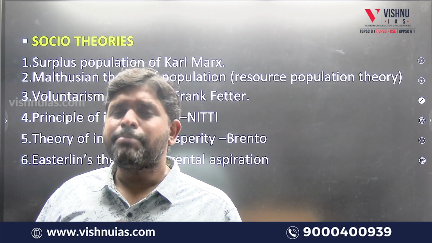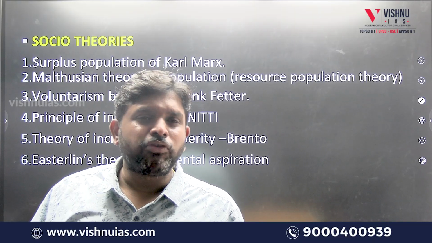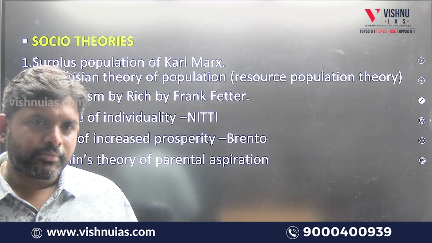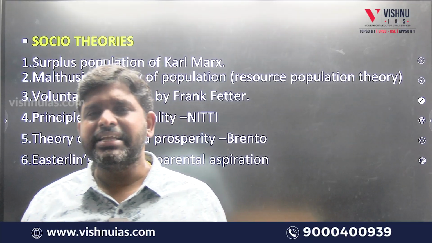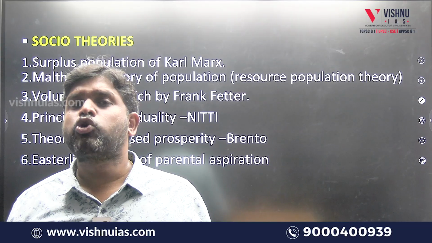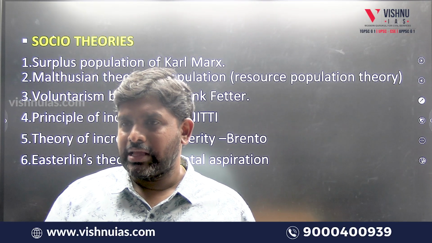Why? Because early man doesn't have knowledge, attitude, or practice with respect to family planning. So the population was growing. It's a general tendency that any species on earth will have a tendency for population growth.